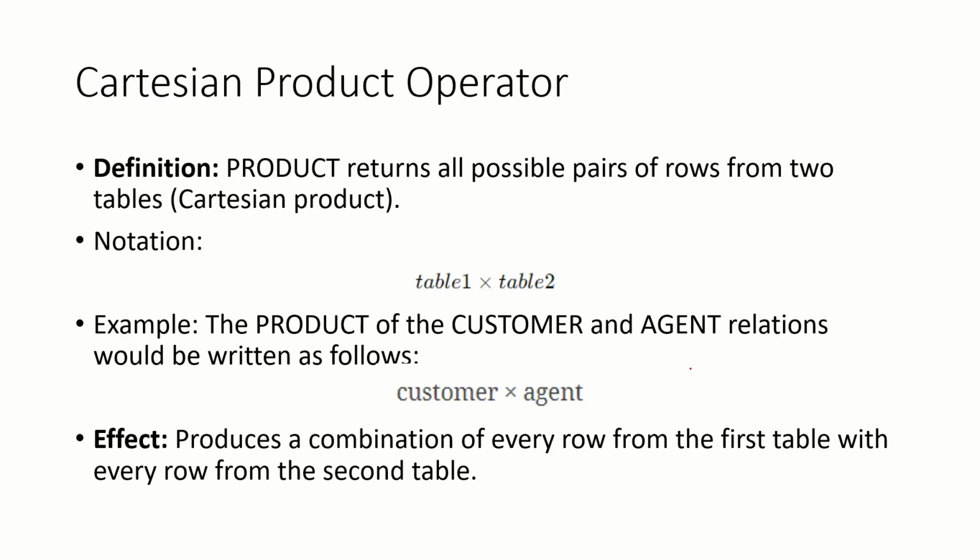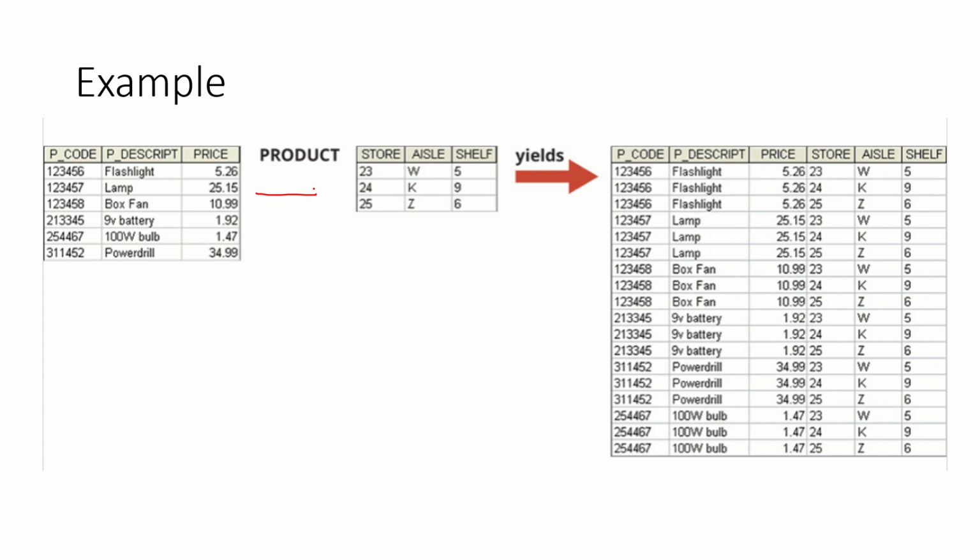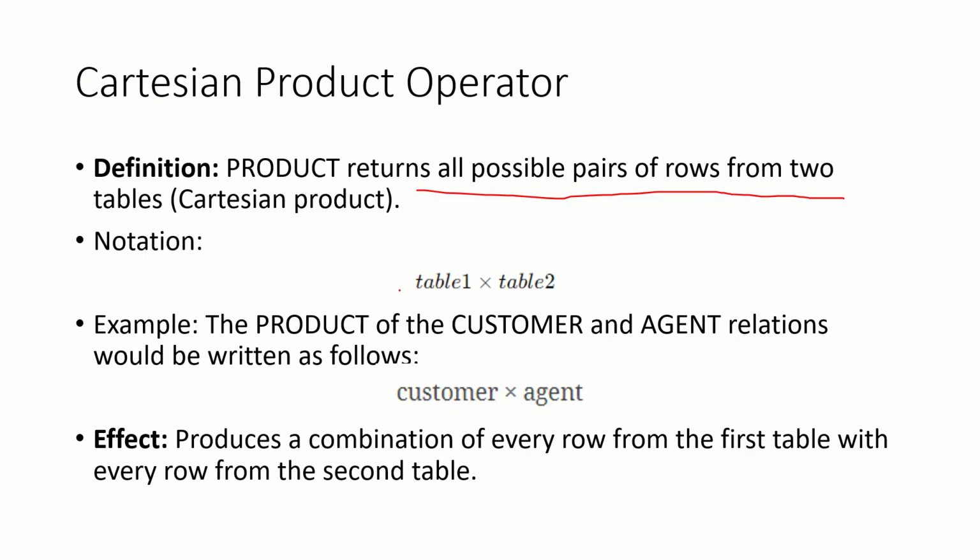Okay, product operator, basically they combine all the possible pairs of rows from the two tables. So for example, these two tables, what they are trying to do is table 1 times table 2.